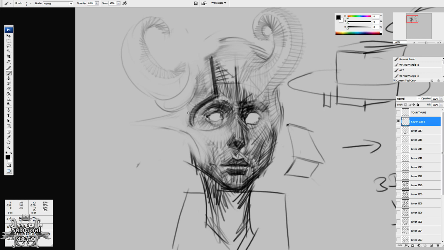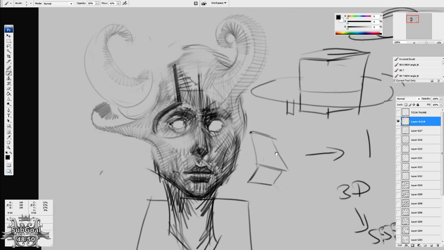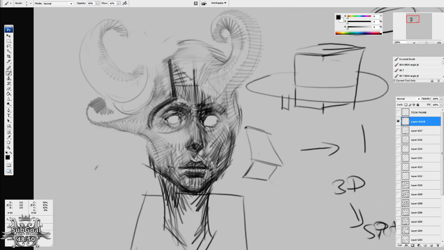Even training my arm to do these angles fluidly around the corner that doesn't even exist at some point. But this is awesome. It's kind of nonsensical in this way.